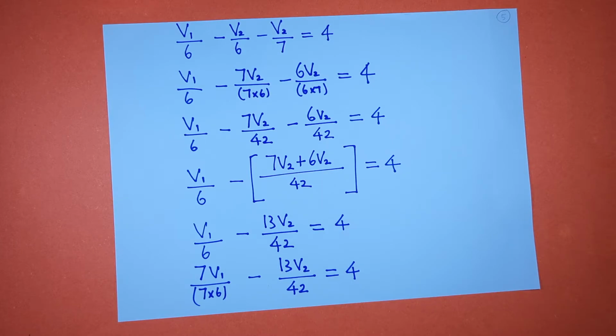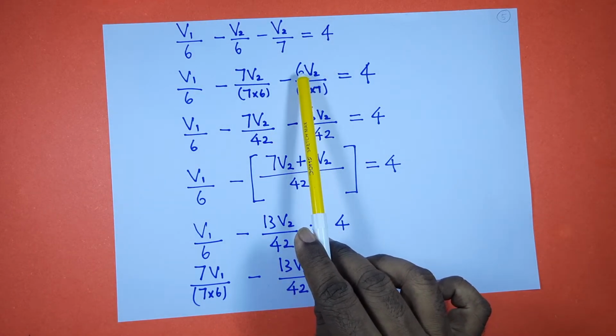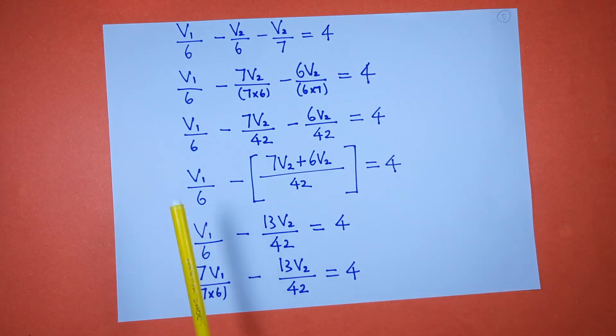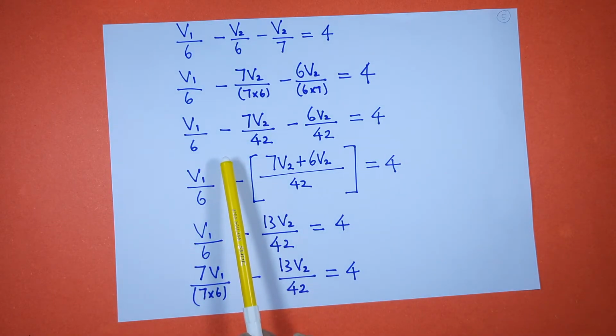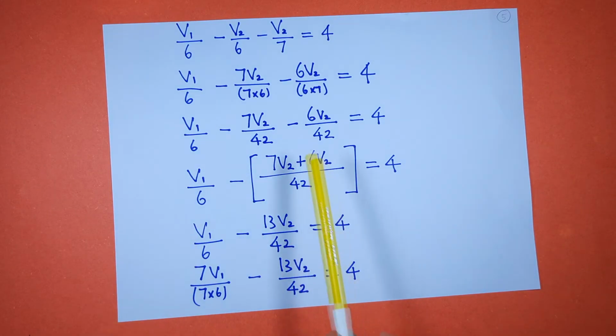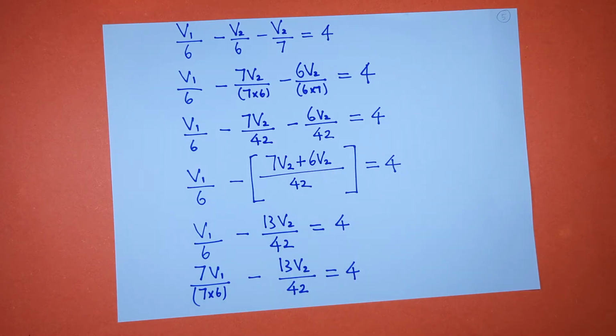V1 divided by 6 minus 7, you multiply and divide by 7. So 7 V2 divided by 7 into 6. Minus, here also multiply and divide by 6. 6 V2 divided by 6 into 7 equal to 4. V1 divided by 6 minus 7 V2 divided by 42 minus 6 V2 divided by 42 equal to 4.